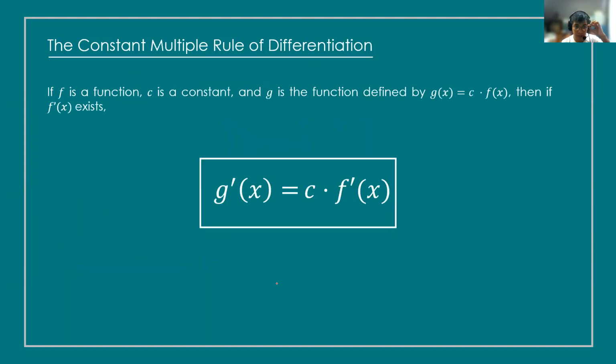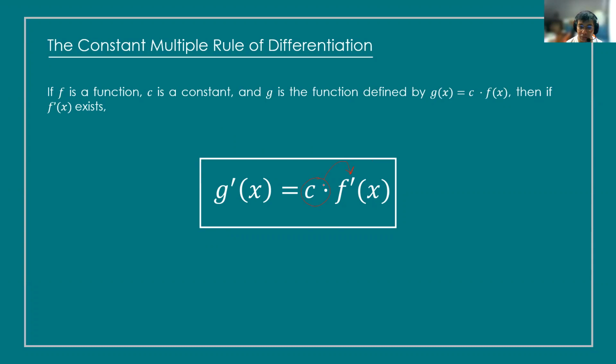Okay, so next is the constant multiple rule of differentiation. So if you have a constant, most likely it's going to be the constant times the derivative of a certain function. So this one is more like a property, not a rule, since you just multiply the constant with the derivative of a certain equation.